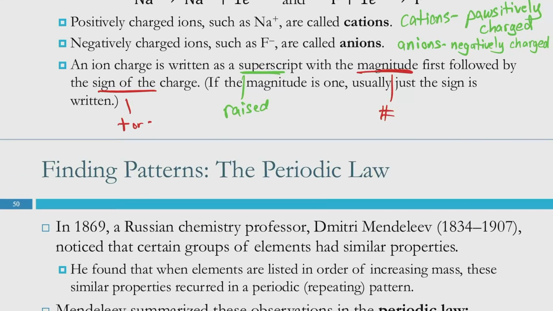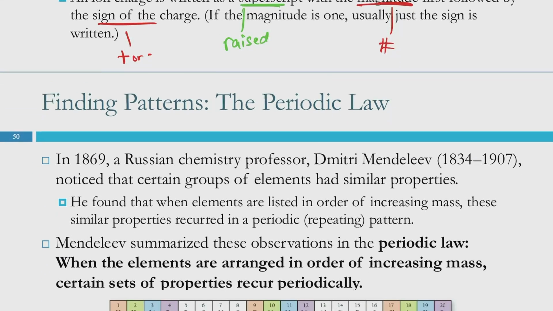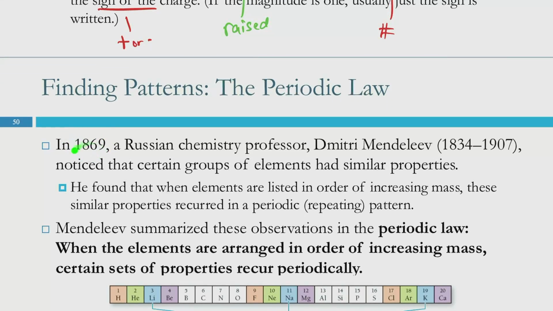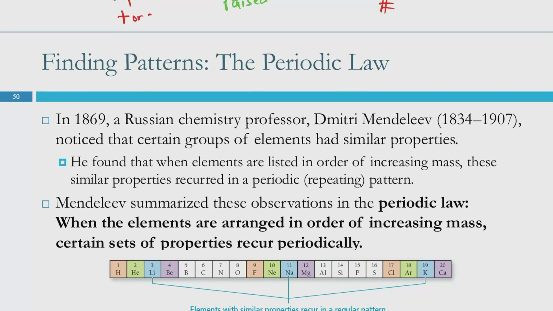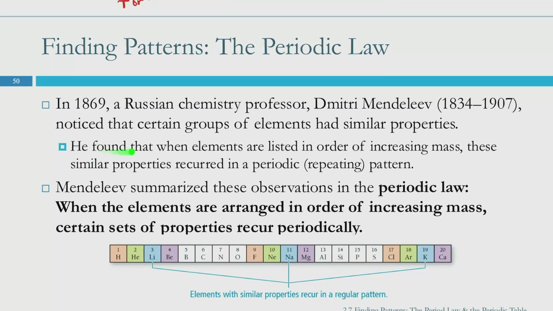All right. At some point in history, 1869, apparently, Russian chemistry professor Dmitry Mendeleev noticed that certain groups of elements had similar properties. He found that when the elements are listed in order of increasing mass, the similar properties among different groups of elements occurred in periodic or repeating patterns.